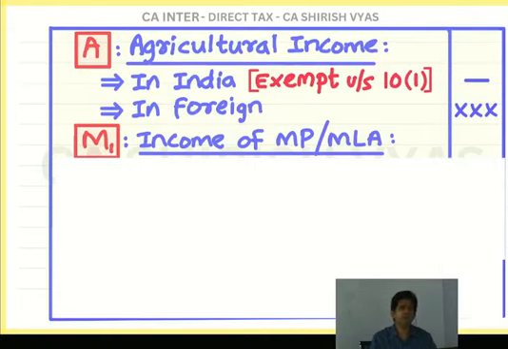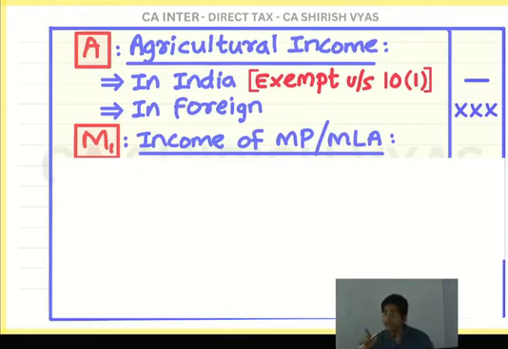Because the law feels that on daily allowance they are not enjoying the money. It is actually spent in their day-to-day expenses of attending meetings in the parliament. Since they are not able to enjoy that income, no tax. But the salary which they get, they fully enjoy with their family, so that will be taxable. The daily allowance is officially spent, so it is free from tax.